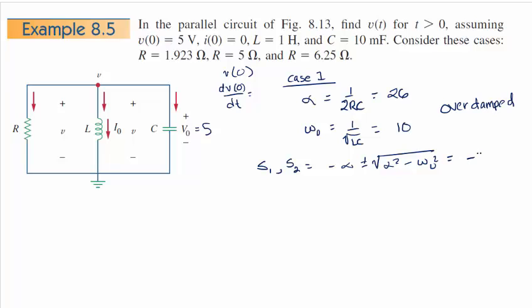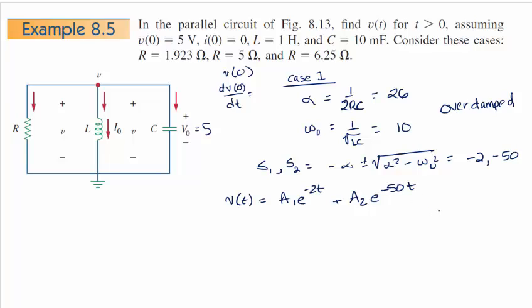One of them is minus 2, and one of them is minus 50. Those are our 2 roots of the equation, and since this is an overdamped case, the solution to the differential equation that describes this circuit will have this form: A1 e to the minus 2t plus A2 e to the minus 50t.